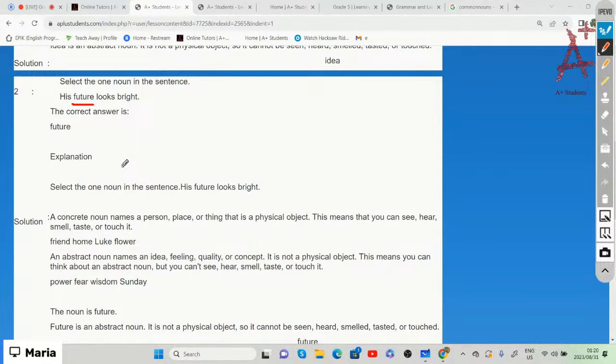Future can be tomorrow, it can be next week, it can be next month, it can be next year, it can be in a couple of years' time, 5 years, 10 years, 20 years. But we cannot see it. And yes, we do say, I can see my future is going to be bright. Yes, but it doesn't mean that we physically can see it. It's just that we envision something, it's in our mind, right?